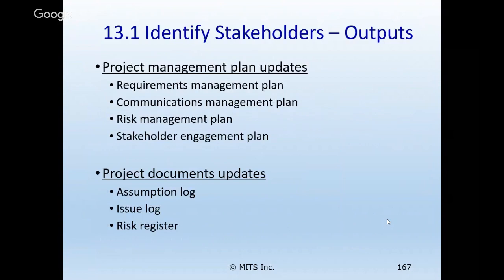This is early on again here, so I'm kind of surprised to even mention these things, but some initial things probably feeding into the requirements, communication risk, and stakeholder plans. Maybe some new assumptions we came up with. Might be certain people we thought the finance manager was going to be supporting us, but he's kind of mildly against us. We don't want to spend too much money. So we probably have to figure out how we work with that manager.